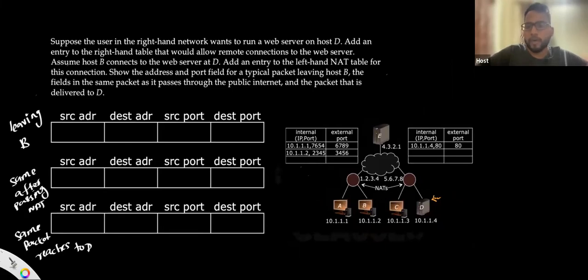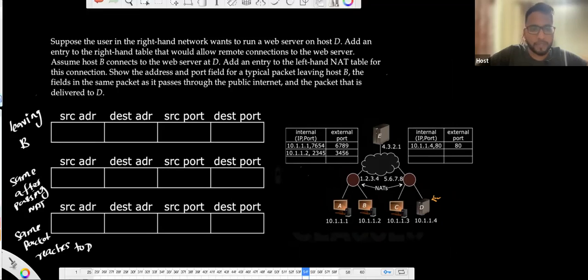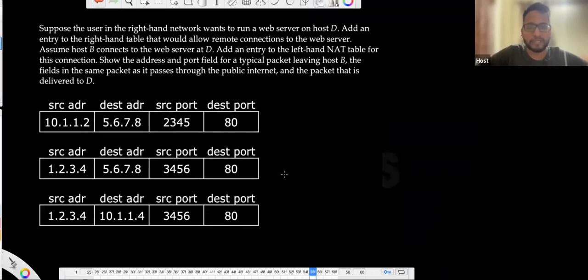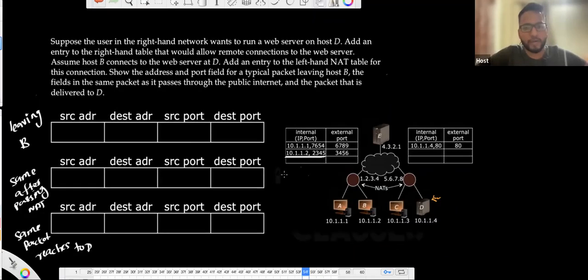So whenever it is at B, then the source IP and the port number should be like this, I think, right? And destination IP and the port number should be of D. Destination IP is this, and the port number is 80, right? So I think you can fill out these entries. Do you want to do this as homework? Because I have the answers on the next slide. Maybe you can just try it out. Just try it out as homework. Answers are on the next slide. This is just an easy question. Based on this, you need to fill out all the entries.